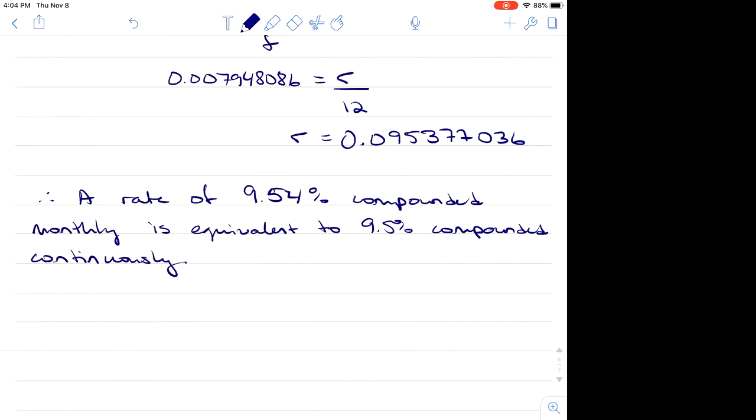Okay. So these are skills that we'll need, especially finding I2, right? So especially this I2 is 1 plus I1 to the power of F1 over F2 minus 1. We'll be using that one quite a bit.